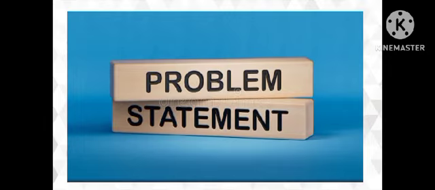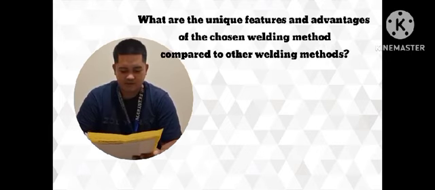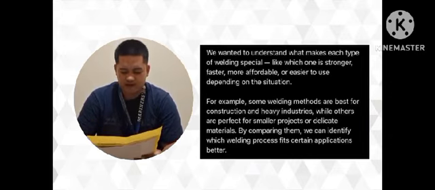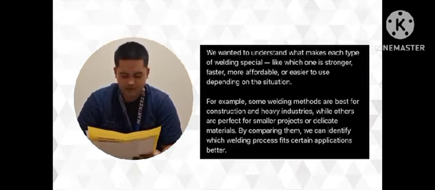Let's move on to the statement of the problem. In our study, we wanted to answer this question: What are the unique features and advantages of our chosen welding method compared to other welding methods? We wanted to understand what makes each type of welding special, like which is stronger, faster, more affordable, or easier to use depending on the situation.